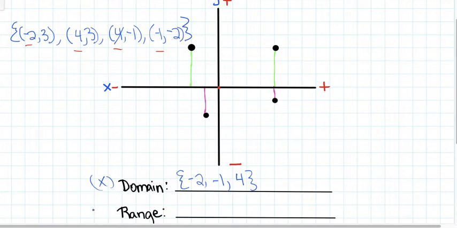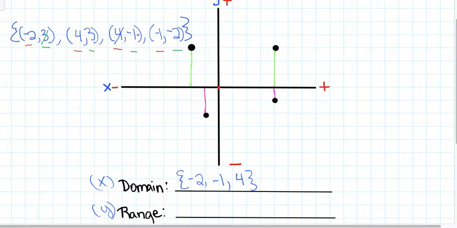Now we're going to move on to the range, which is the y values. I'm going to underline the y values just to make it easier for you to see. So 3, 3, -1, -2. I see that we have the 3's repeating, and you don't repeat values for the domain and range, so I'm just going to mark one off so I don't accidentally do that.